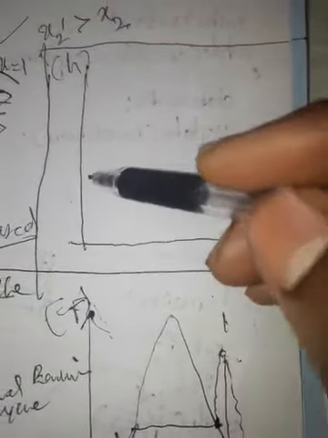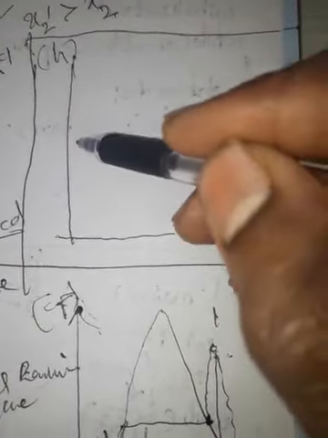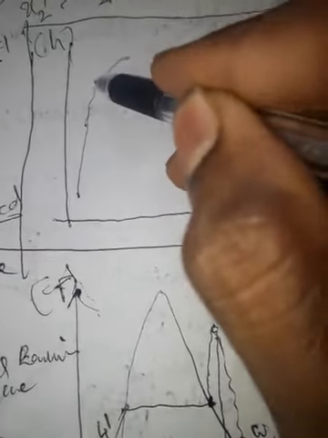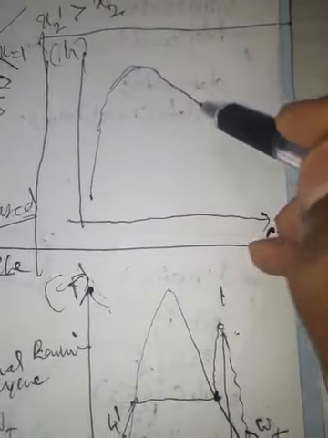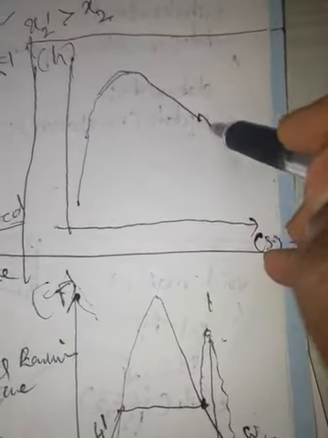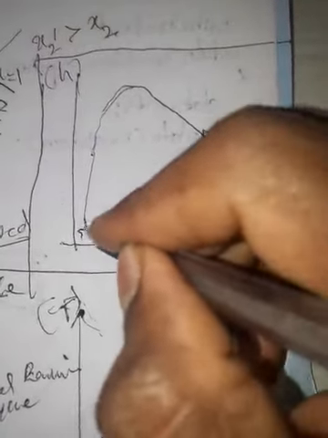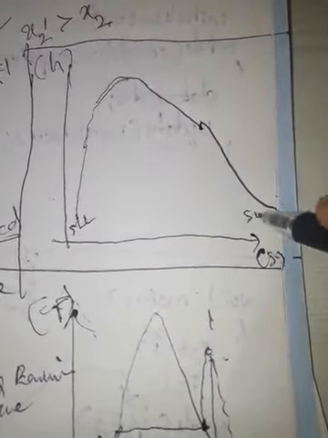This is the vapor dome. This is the saturated liquid line, this is the saturated vapor line.